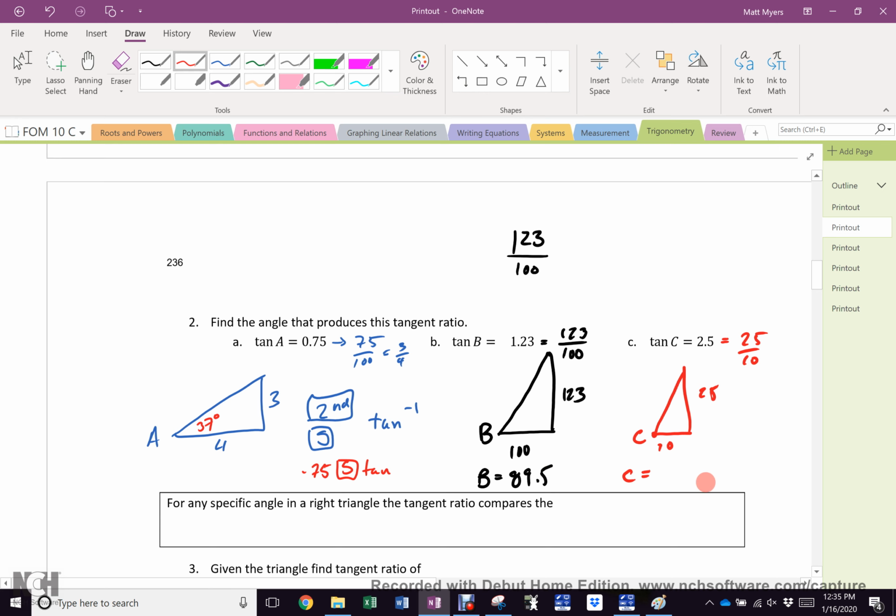See, that sounds better. 68. And this is 51. Okay. Yeah, which rounds up to 51.